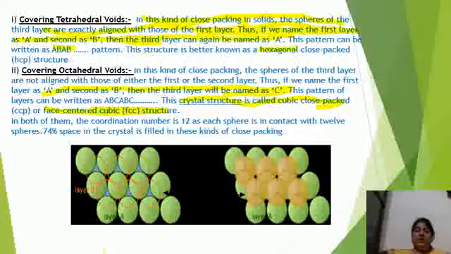In this the coordination number is 12 because it is in 3 dimensions. एक side से आप देखो इस sphere को, अगर it is touching 1 2 3 4 5 6, but एक पीछे के लेयर भी, थर्ड लेयर, तो 6 plus 6 is 12. So there are total 12 particles over there.